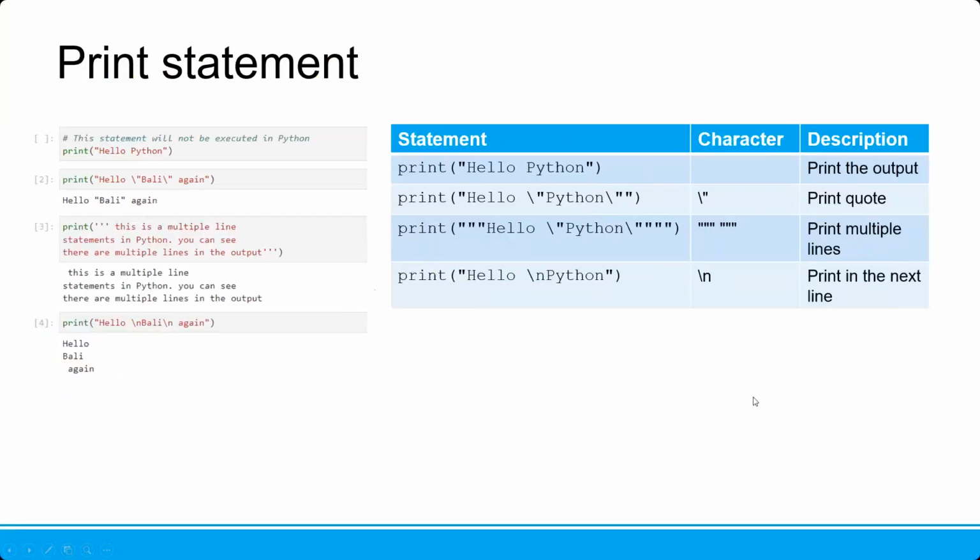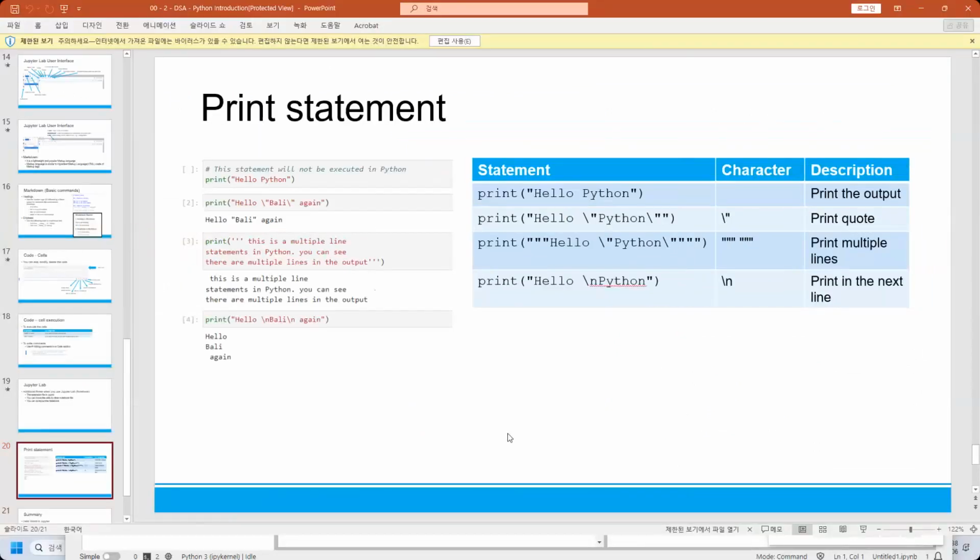And for the basic statements, we can learn a little bit about the print statement. I think you know the basic print statement, which uses quotes. We just want to print the output. But what if I want to print with quotes inside?